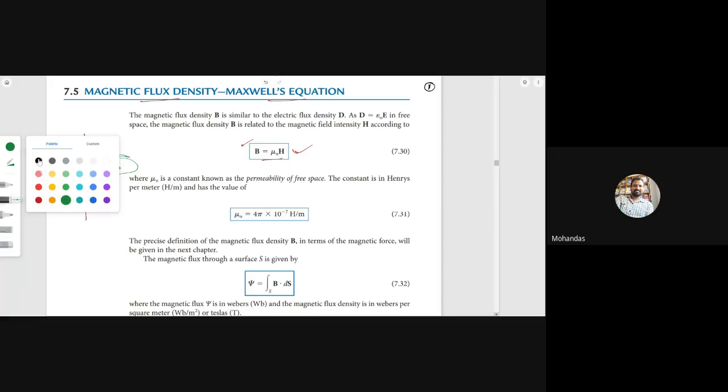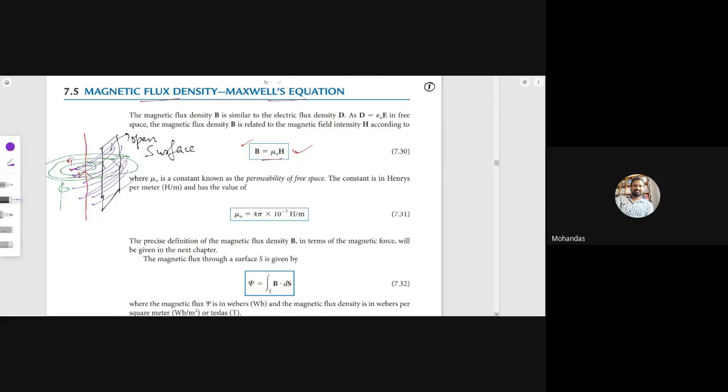And if I take an open surface like this, the number of flux lines crossing this open surface, tell me, how many are crossing?